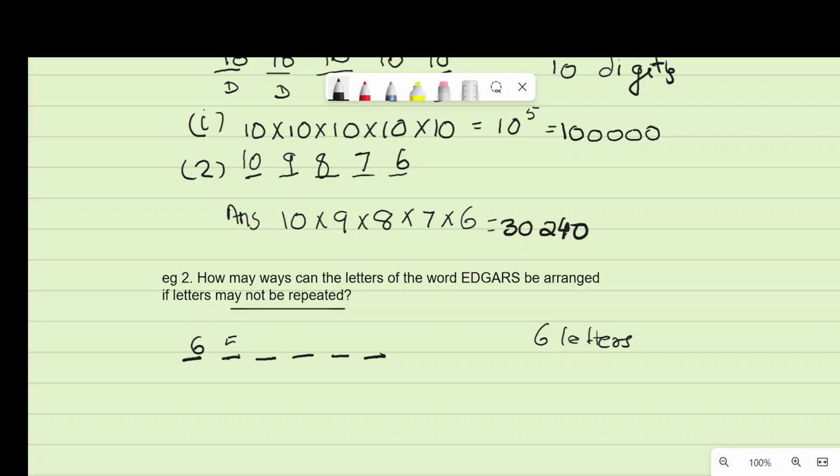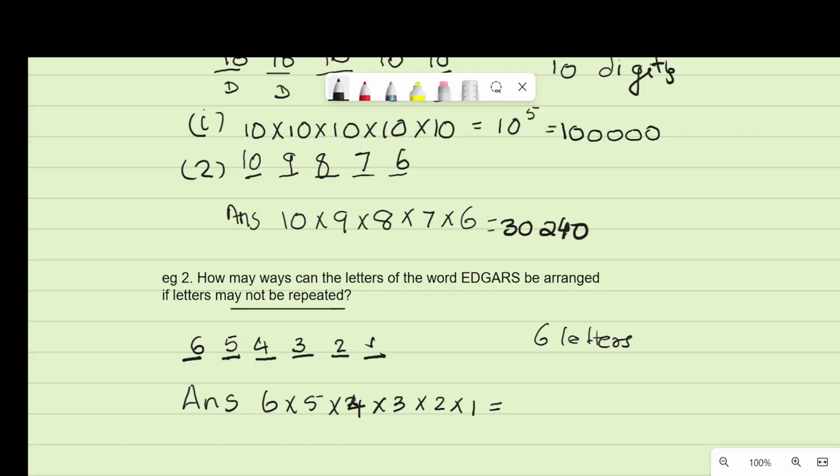Only 5. How many letters are available for the next position? Only 4. Then comes 3. Then only 2. Then only 1 is available because we cannot repeat. So actually the answer here is 6 times 5 times 4 times 3 times 2 times 1. That is the answer.